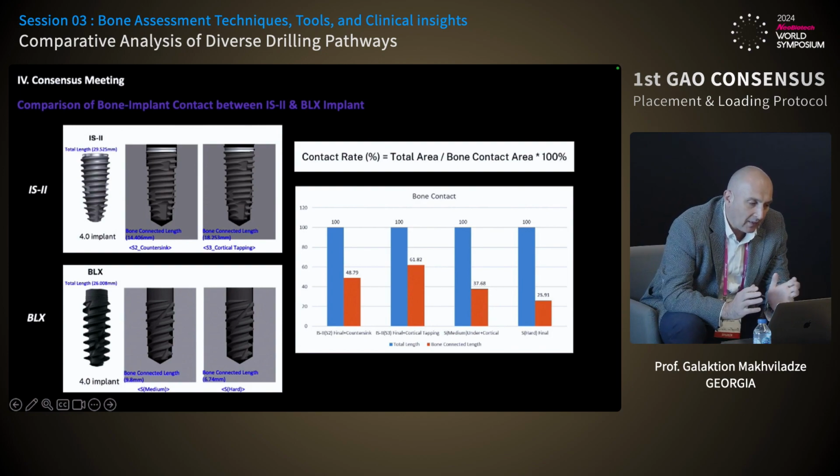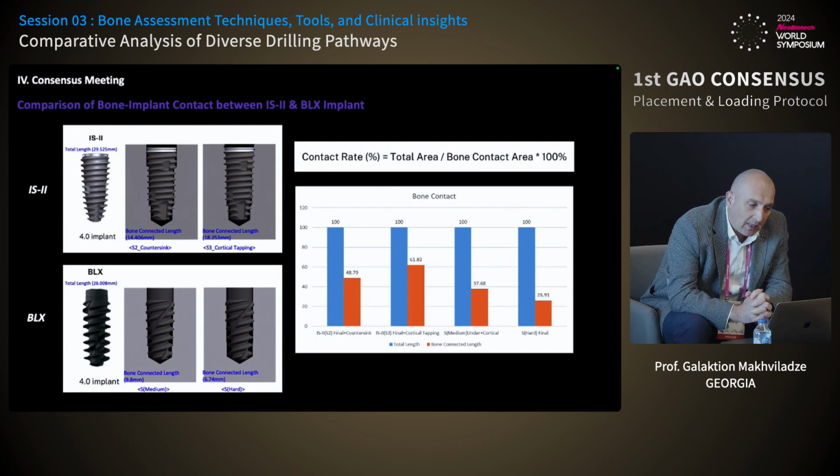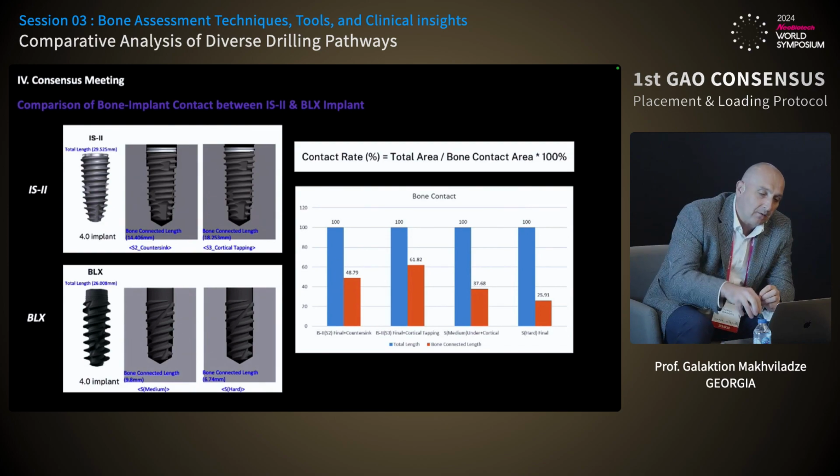We can see with the countersink protocol, when we widen the cortical part, we have medium contact around the implant. But with cortical taping, we have more contact with the full body of the implant. Compared to the BLX implant, when we make the final drilling, we have very small contact.